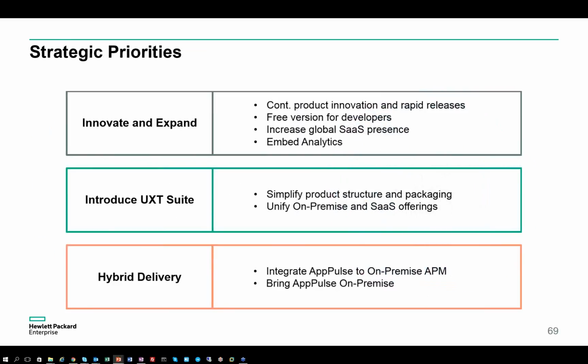From a priority perspective, we want to innovate and expand. We want to embed analytics into the product. We're going to increase the service presence for APM. We're going to introduce the full user experience suite.